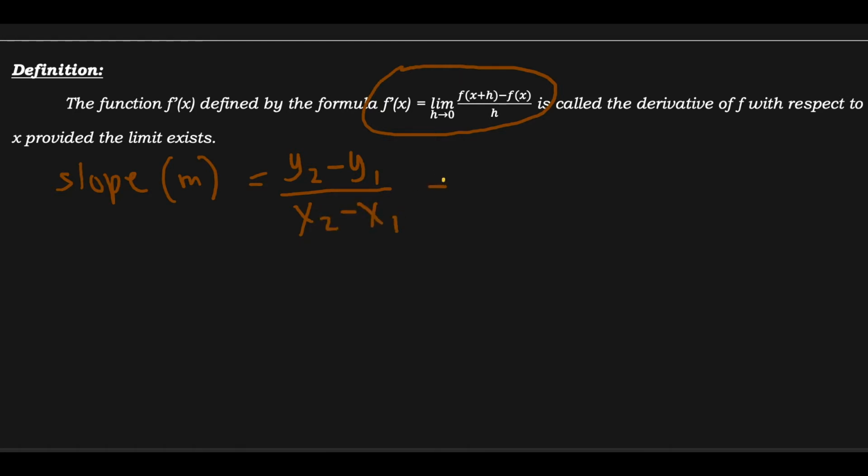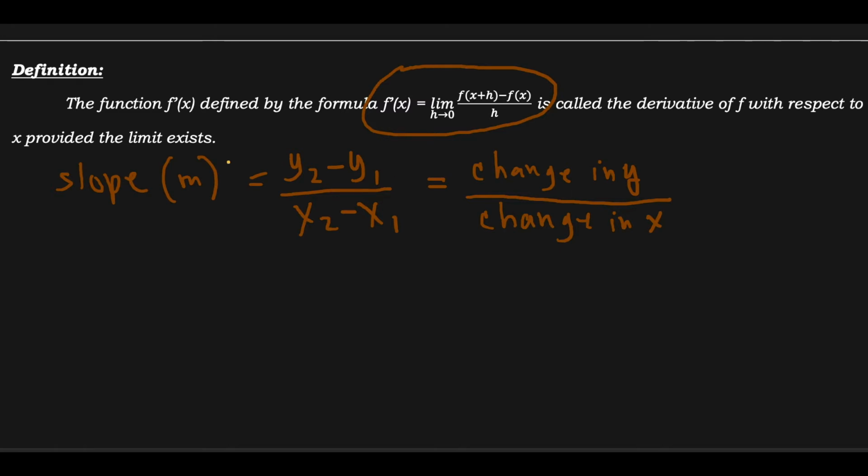The numerator is the change in y, the inclination of the line with respect to the y-axis, and the denominator is the change in x, the change of the point from one value in the x-axis to another value in the x-axis.